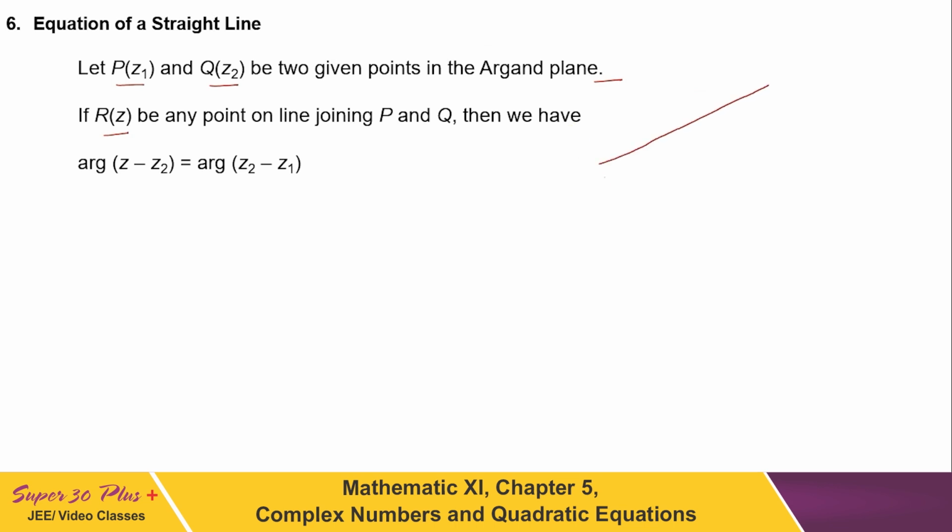It is P Z1, it is Q Z2, and R is here, and affix is Z. Then the argument of Z - Z2, means the slope of the line joining Z and Z2, and the slope of the line joining Z1 and Z2 is the same. So we can write argument of (Z - Z2) is equal to argument of (Z2 - Z1).